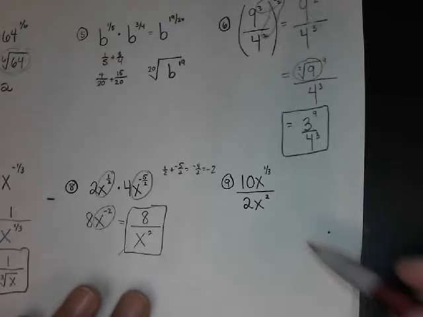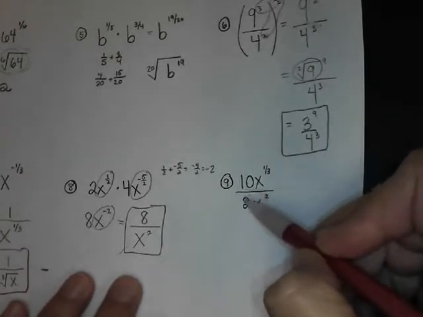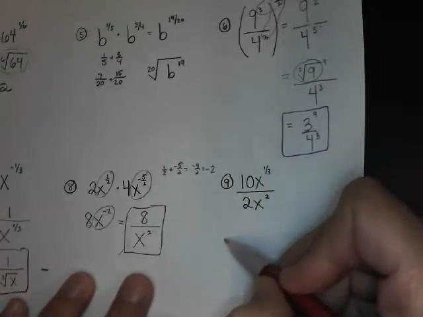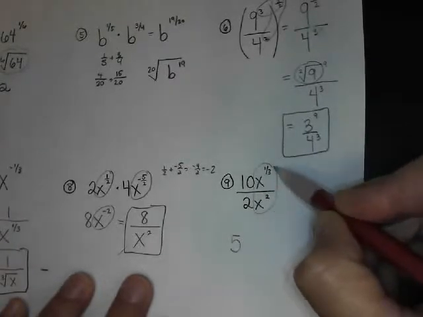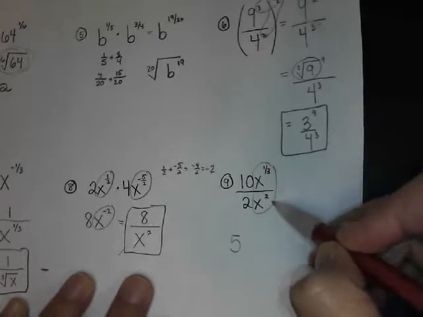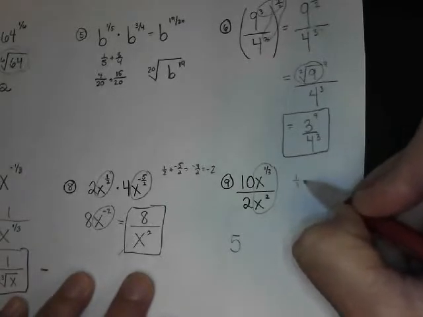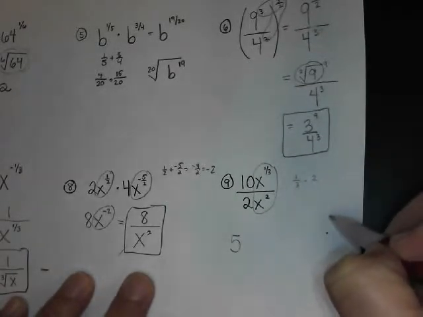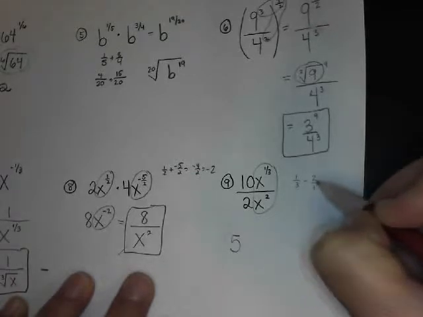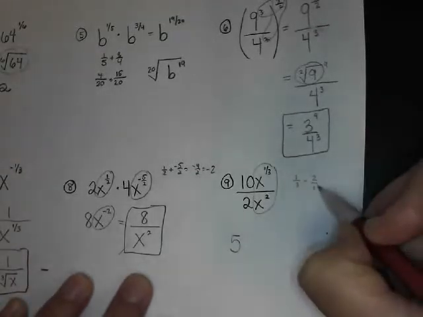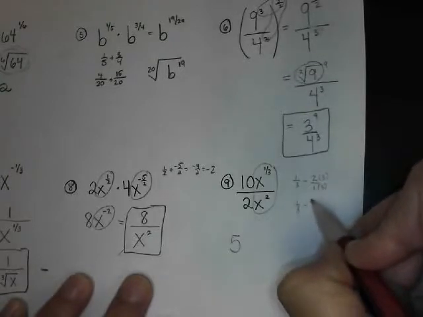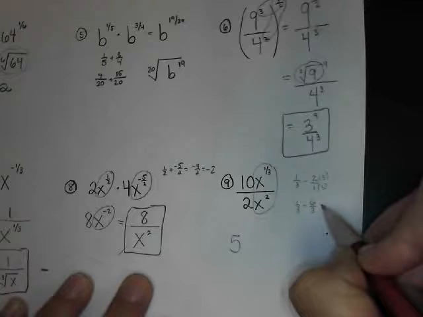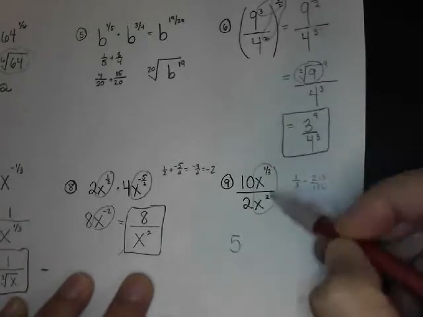Okay, same thing here with division. The 10 divided by 2, those are just basic numbers, so they're going to be divided per usual. 10 divided by 2 is 5. But here we have common bases being divided, so we need to subtract those exponents. So 1/3 minus 2. I need a common denominator, so that's technically over 1 right now. Multiply by 3, multiply by 3. I get 1/3 minus 6/3, which is negative 5/3.